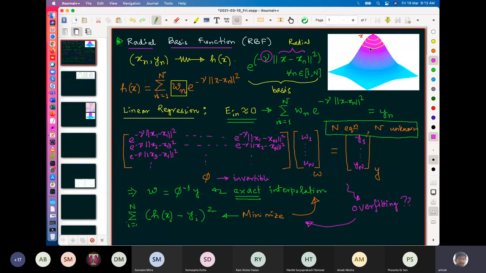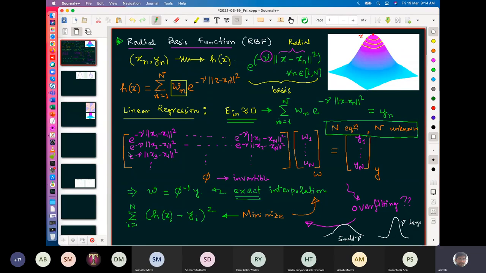If gamma is large, then this Gaussian curve will be much steeper. Did you get it? If gamma is large, the Gaussian curve will be much steeper, right? If gamma is small, it will be much smoother.